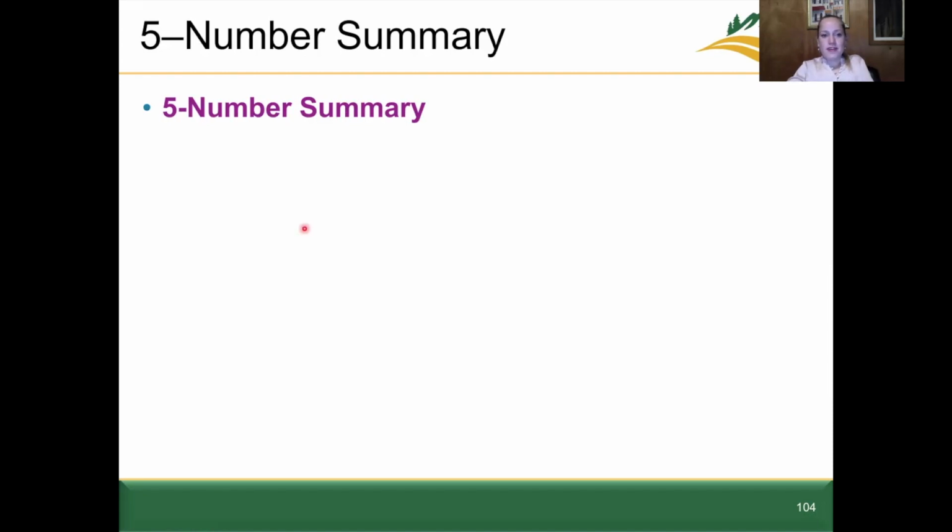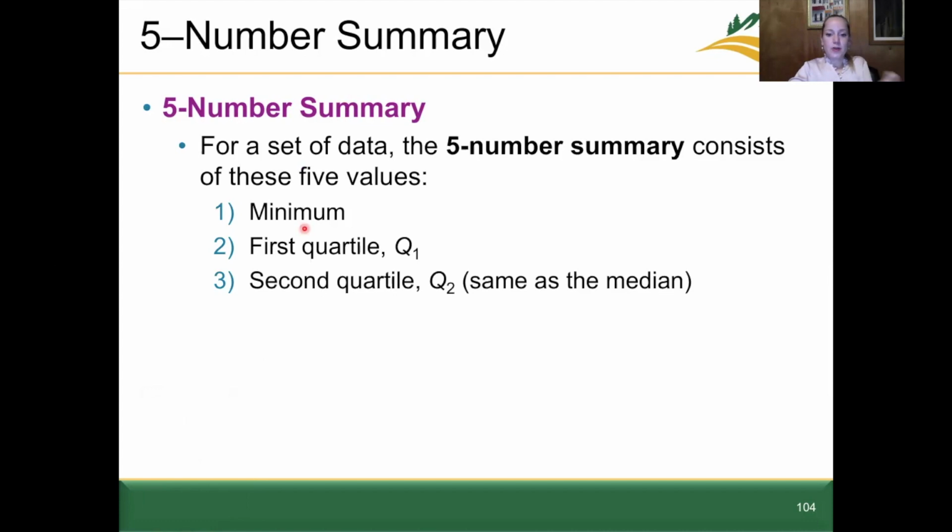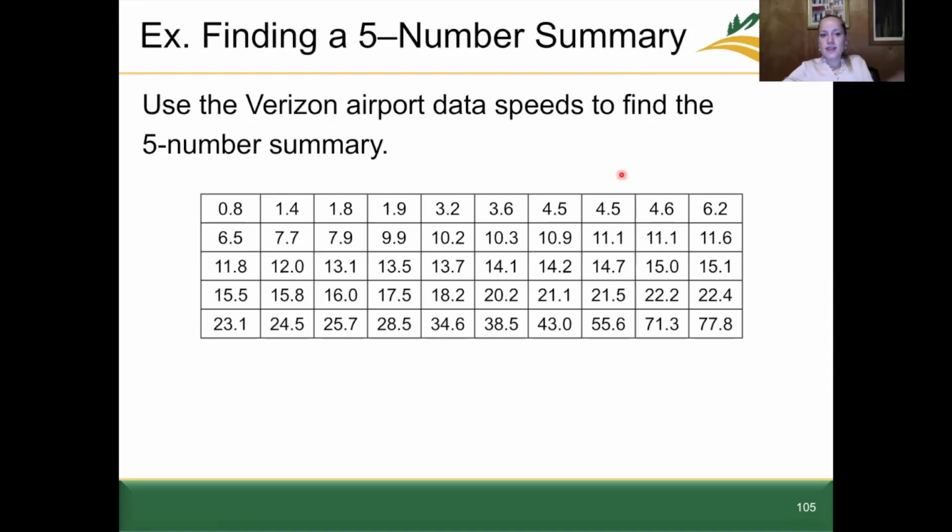Now, the numbers that are in this 5-number summary include the minimum value, the first quartile or Q1 value, the second quartile or Q2 value, remember this is the same as the median, the third quartile or Q3, and lastly, the maximum value in that data set. Let's do an example of finding a 5-number summary for this same set of data we've been working with.